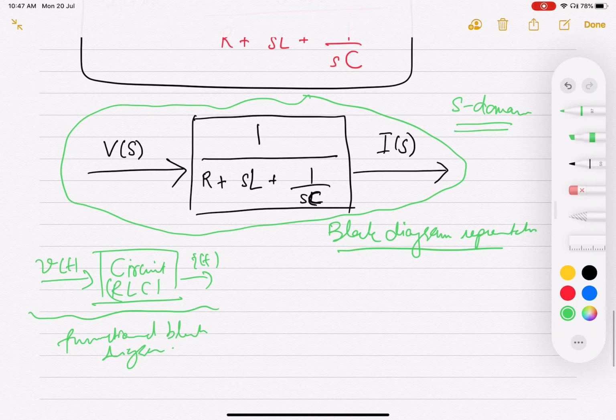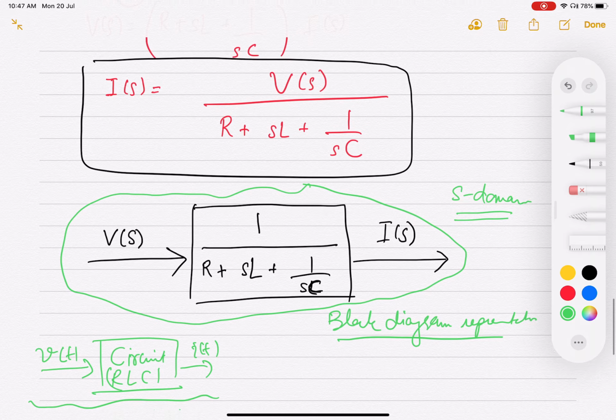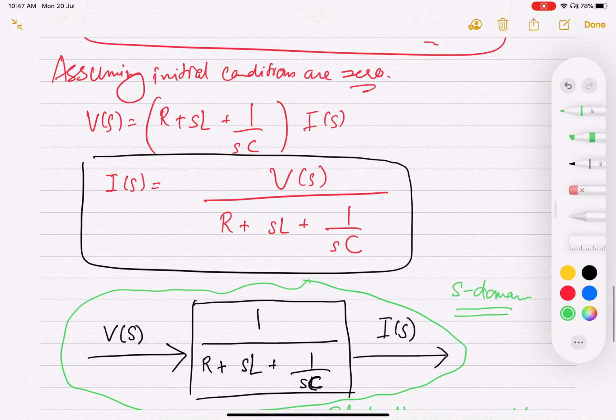So this representation of some system dynamics in terms of functions of the frequency variable s has a special name. We have written I(s), which is the output, is equal to the input, which is the voltage in this case, divided by some number.